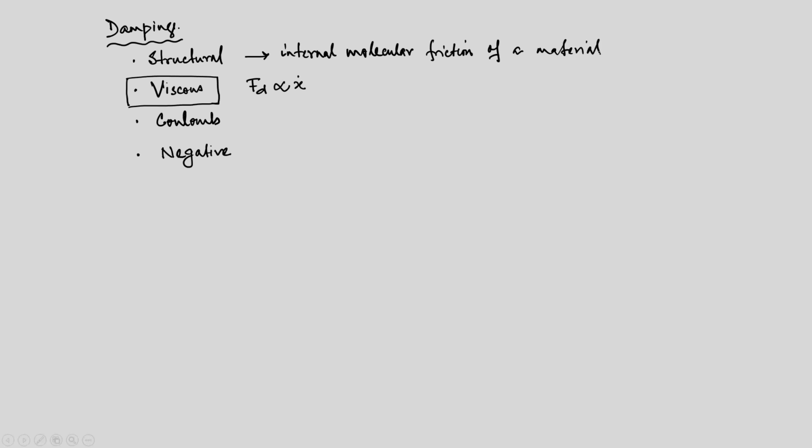So, at the material level we can model and quantify this damping. Sometimes in a structural system we consider that different structural joints or different structural components also have interactions, and sometimes some inherent property of the structures is there, which is modeled in this case by what we call structural damping.